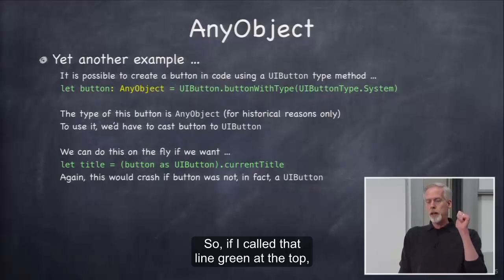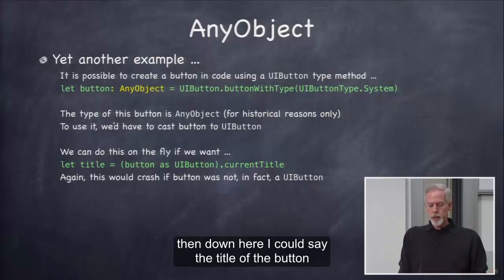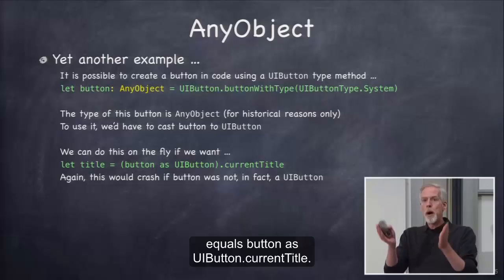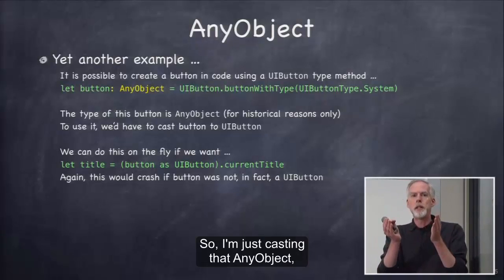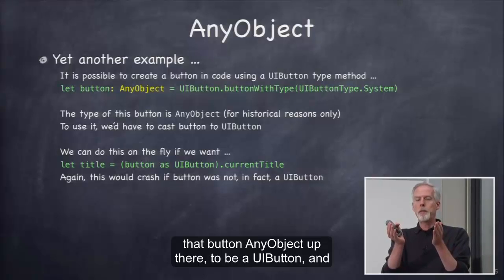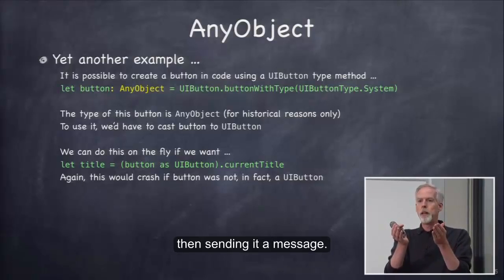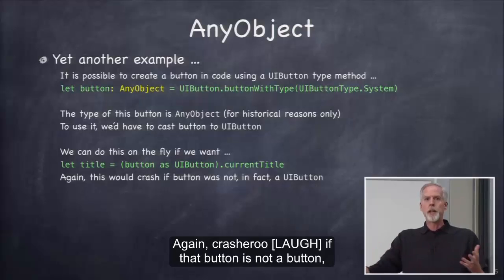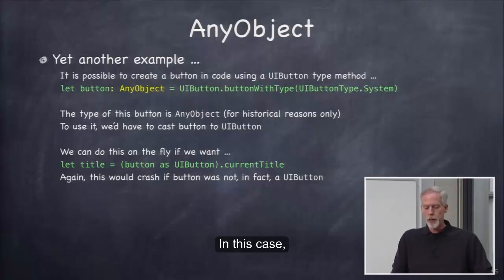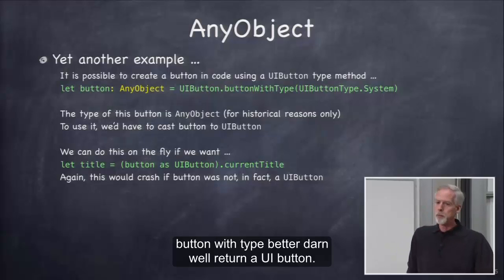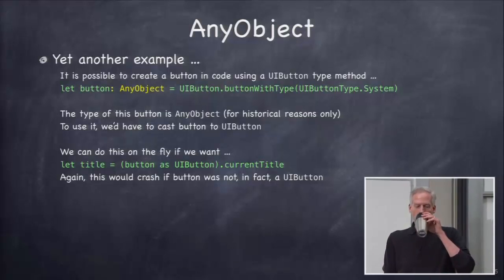So if I called that line on green at the top, then down here I could say the title of the button equals button as UI button dot current title. So I'm just casting that any object, that button any object up there, to be a UI button, and then sending it a message. So you can cast on the fly. Again, crash-a-roo if that button is not a button, but that's okay. In this case, button with type better darn well return a UI button.